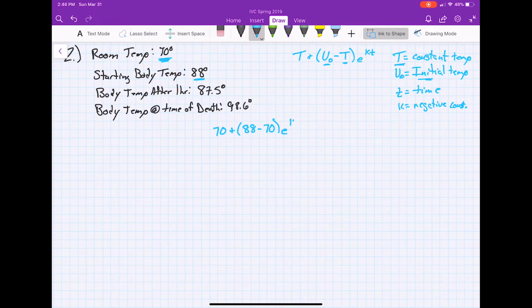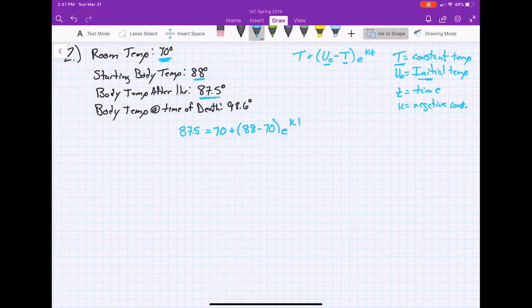But really, we can just say k, because you usually don't put the 1 here. Now, all of this is equal to our 87.5, which was the body temperature after 1 hour.